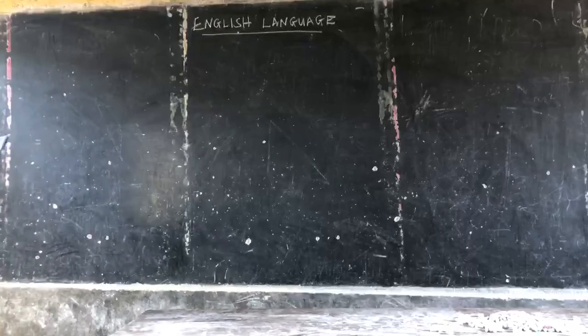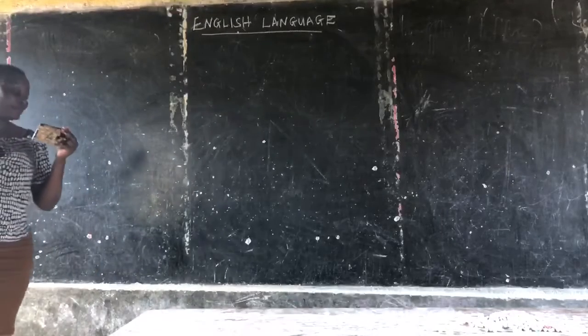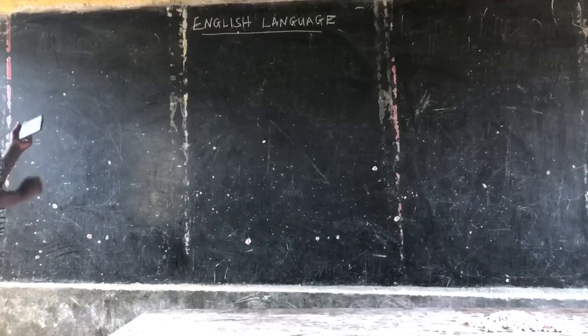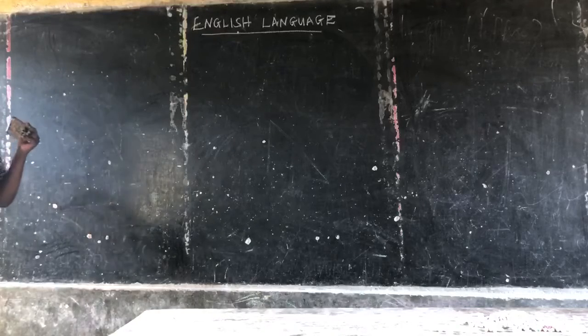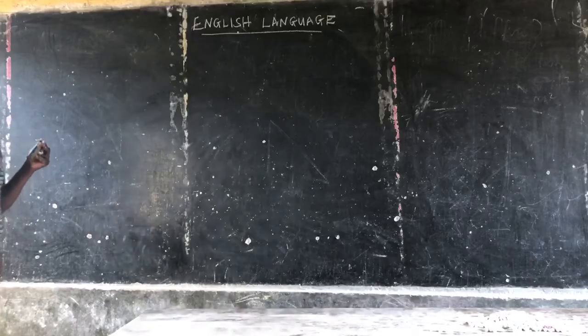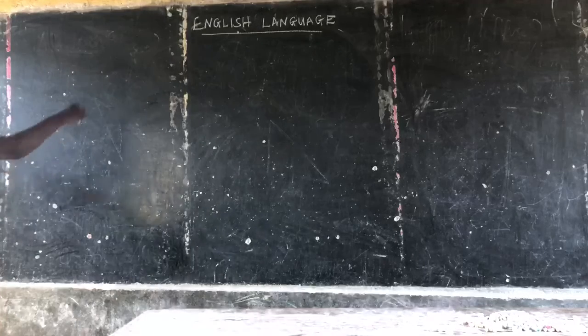We are going to begin with reading the instructions, and they are saying for questions 1 to 5, use the correct form of words given in brackets to complete the sentences. I will not repeat what was said.